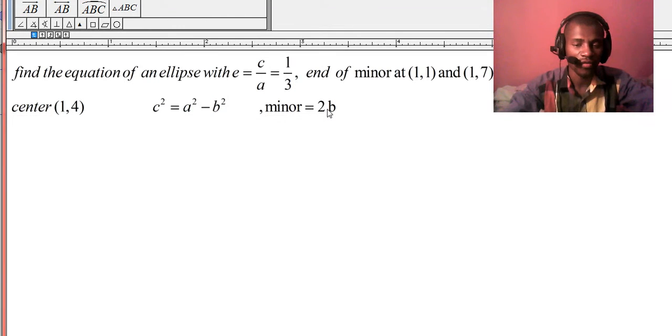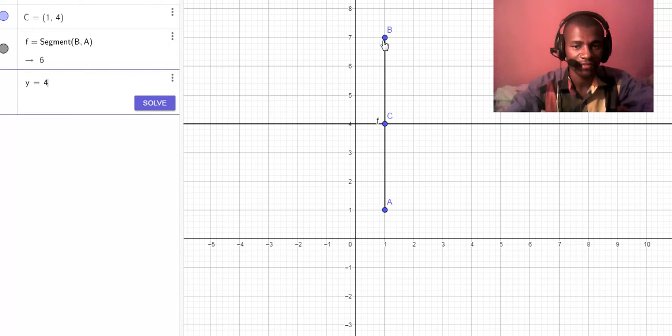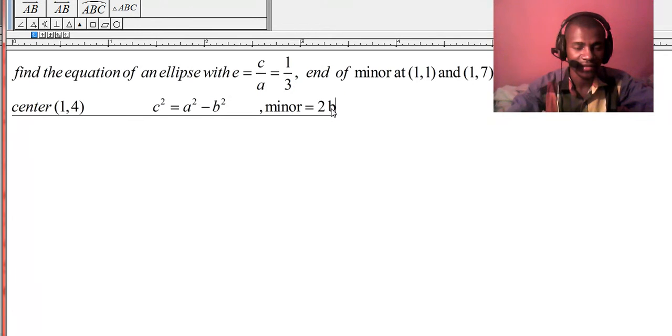But here we already know what minor is, because this is how many units? 1, 2, 3, 4, 5, 6. So 6 is equal to 2b. We can simply say 7 minus 1, which is 6. So minor here is equal to 6.